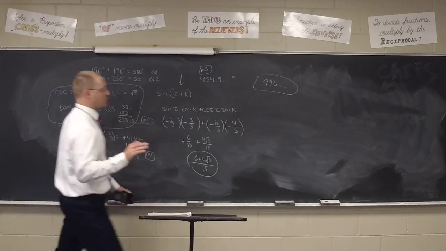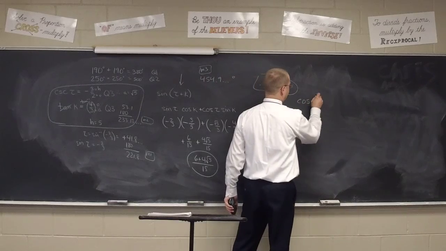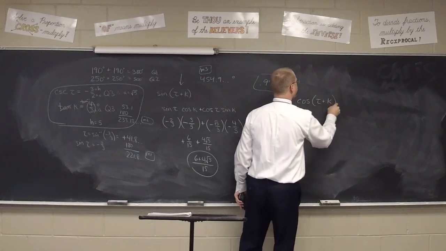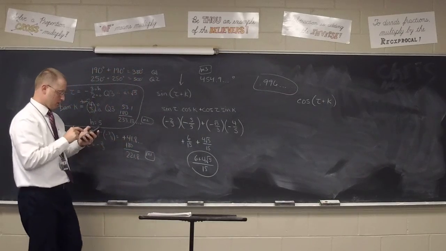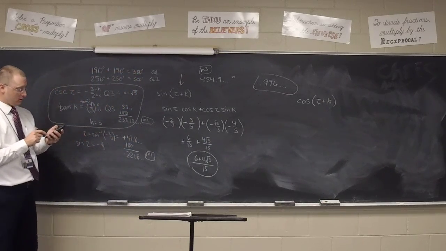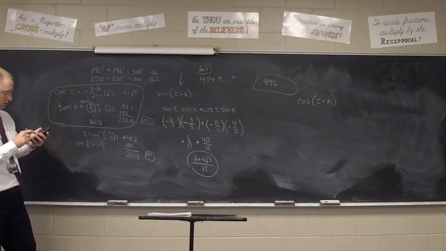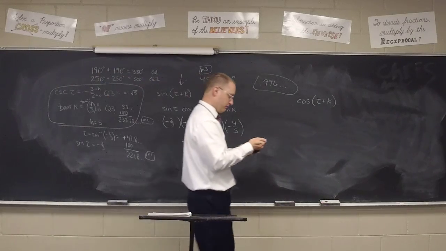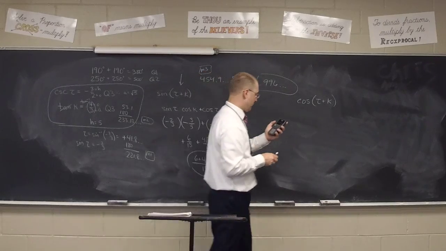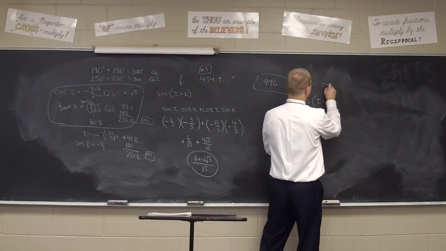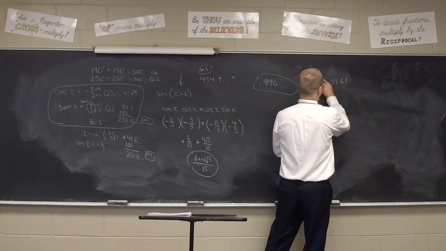By the way, the next part of the problem says to find the cosine of tau plus kappa. Go and take the cosine of memory 3. Negative 0.0861.